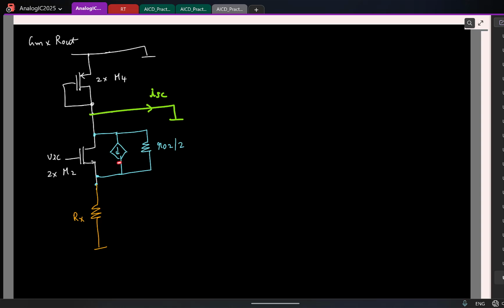Similarly, earlier I would have had just one current source whose current depended on GM. Now I have two current sources in parallel. What is the effective GM? I'll just write it as 2 GM. I'll not write VGS here; assume that it's there. So now if I say that this current is my short circuit current ISC, what can you say about this current? Same or is there a slight difference? Can you look very carefully?